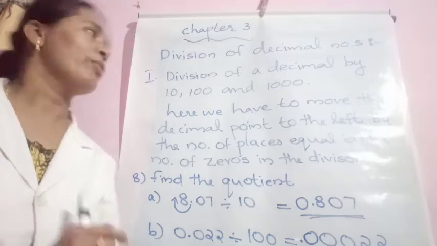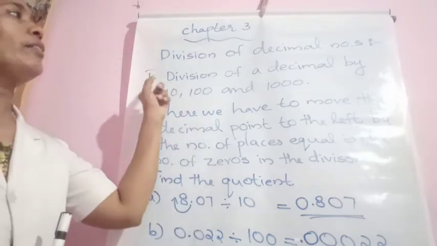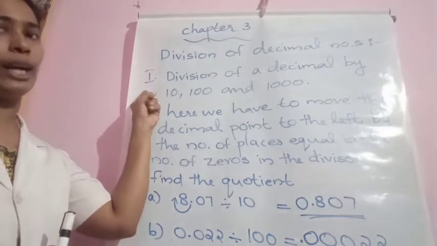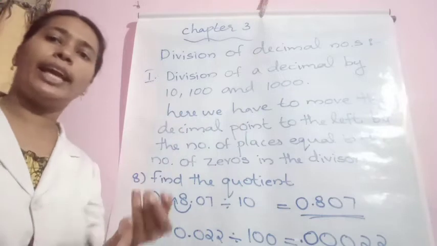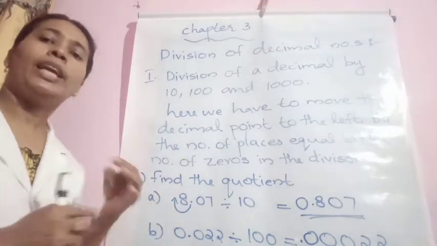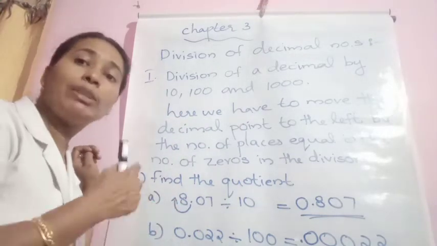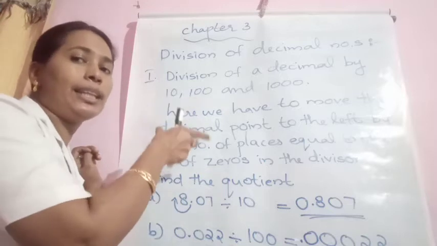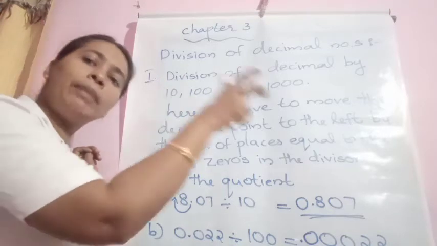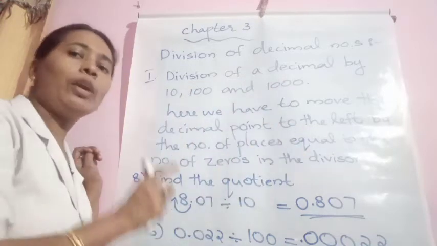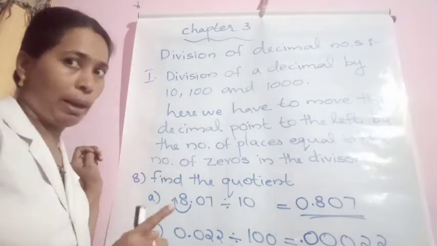Is it clear? That's why the first case we are going to consider is division of a decimal number by 10, 100, 1000. In case of multiplication, we have studied that whatever the digits in the given number, keep the digits the same. Then the only change goes to the decimal point.